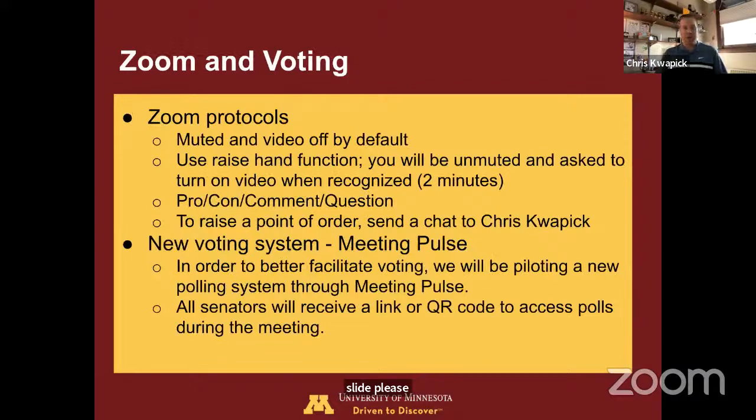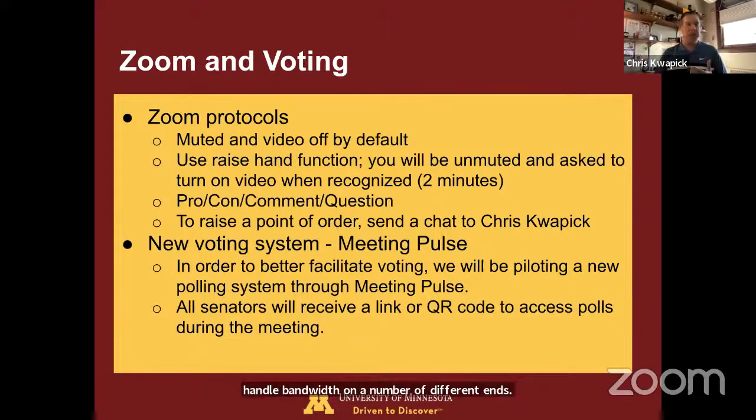So a couple of things on Zoom protocols and voting. As you can imagine, when you have a group as large as up to 200 plus people, we have to make sure that we conduct these meetings in somewhat of an orderly fashion. So you will have the inability to unmute yourself. We ask that you keep your video off by default, just so that we can handle bandwidth issues on a number of different ends.